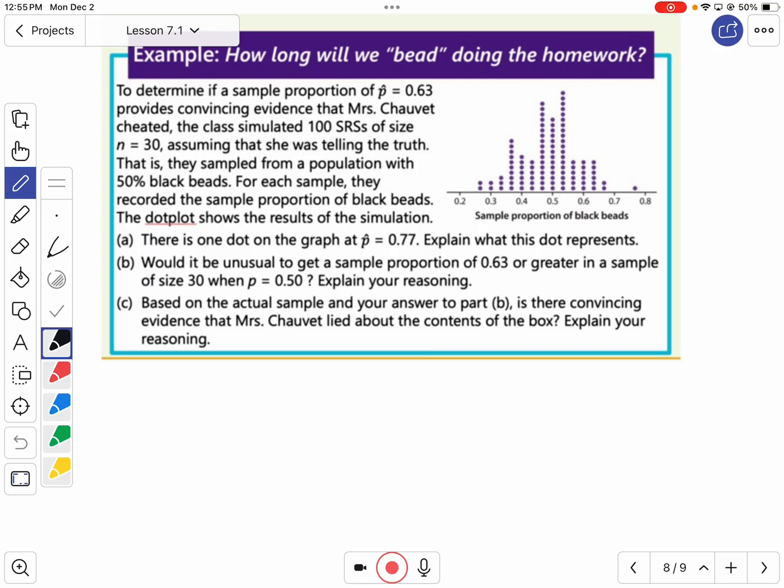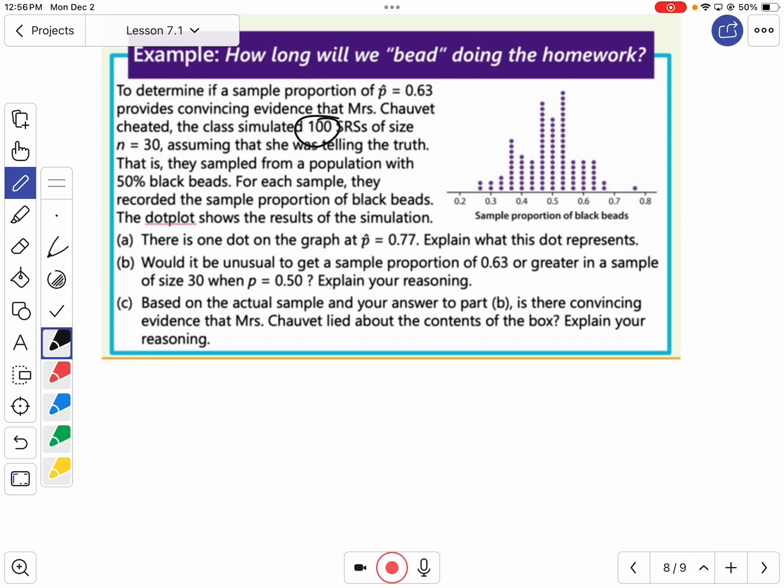So to determine if a sample proportion of p-hat 0.63 provides convincing evidence that Mrs. Chauvet cheated, the class simulated 100 simple random samples of size n equals 30, assuming that she was telling the truth. That is, they sampled from a population with 50% black beads. For each sample, they recorded the sample proportion of black beads, and the dot plot shows the results. So each dot represents the percentage out of 100 pulls.